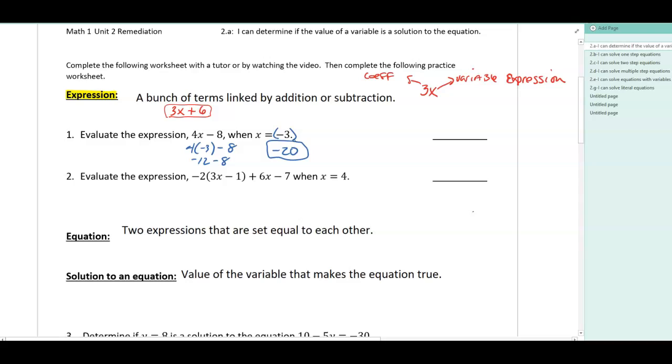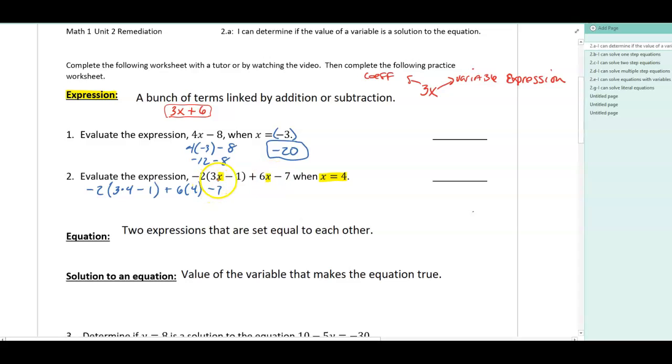Okay, now the next one, some people will actually choose to either plug 4 in now or simplify. If we plug 4 in now, I'm going to do negative 2 times 3 times 4 minus 1 plus 6 times 4 minus 7. So basically everywhere I see an x, I'm going to kick it out and replace it with a 4.